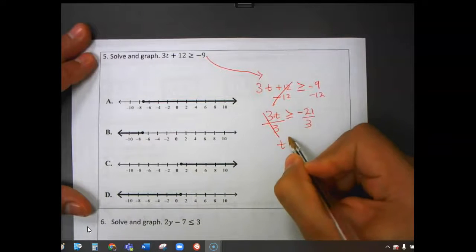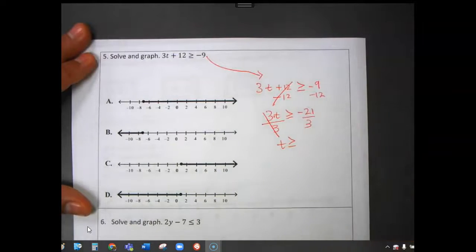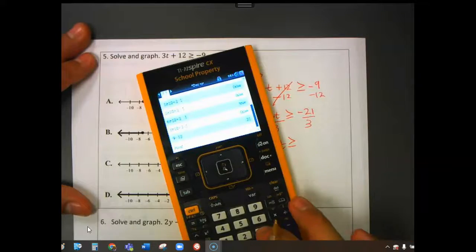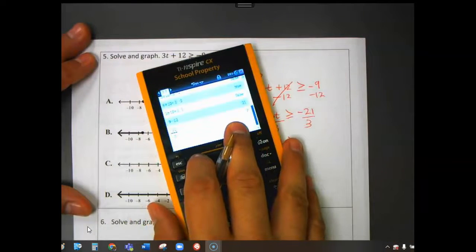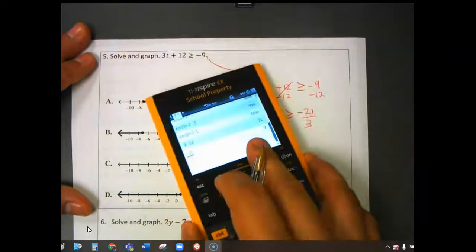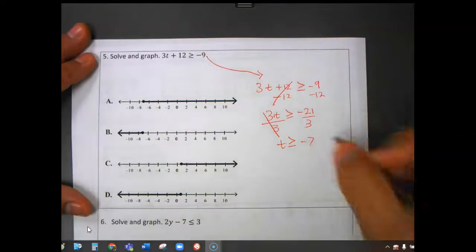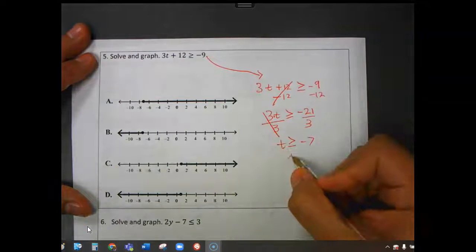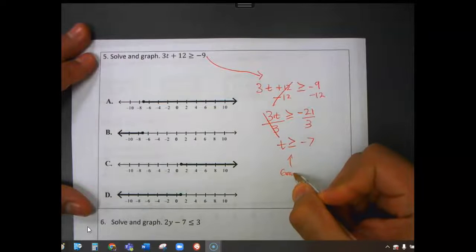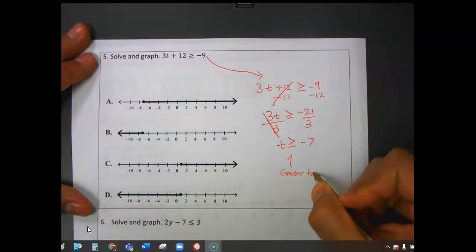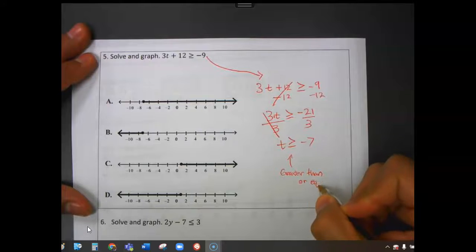So t is greater than or equal to, and -21 divided by 3 gives me -7. It might be hard to see the negative sign, but it's there. So this is t greater than or equal to -7.